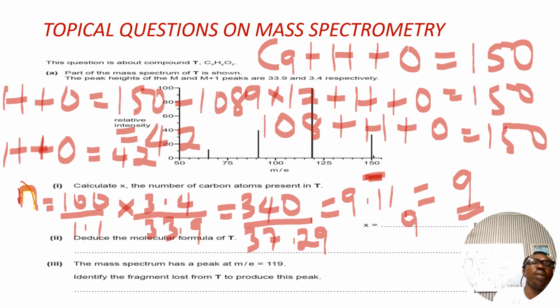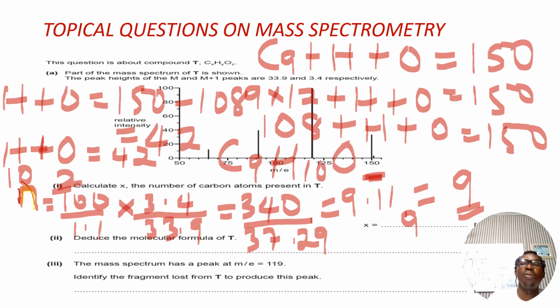So we have 2 atoms of oxygen, which is 32, and 10 atoms of hydrogen. Therefore, the molecular formula of T will be C9H10O2.